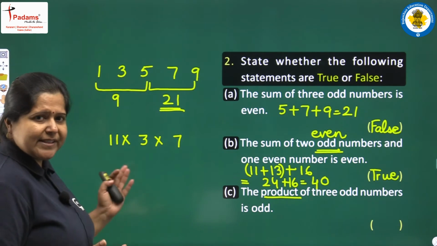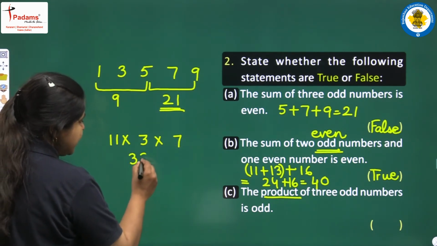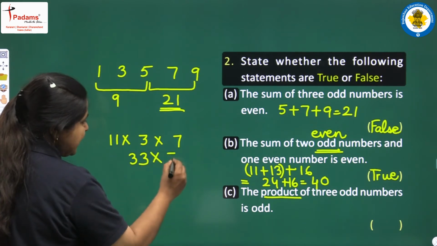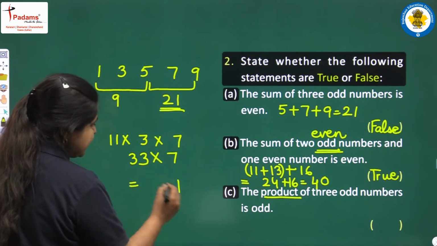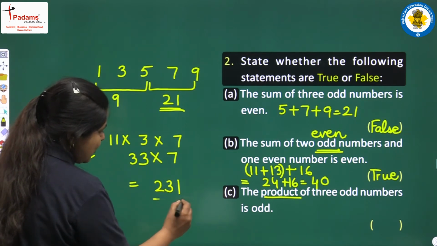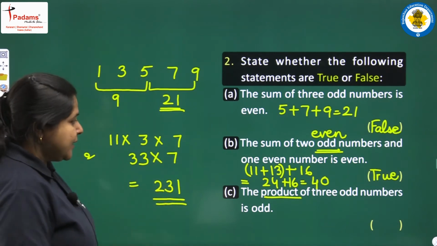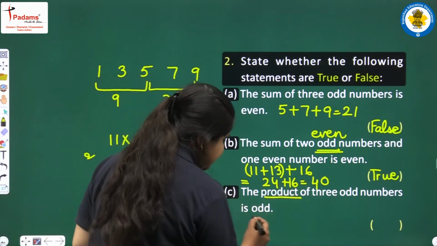Three simple easy odd numbers. We know it's 33, 11 into 3, and if we multiply by 7, 3 7s are 21, 2 carry, 23. So what are we getting? Again an odd number. So the product of three odd numbers is odd.